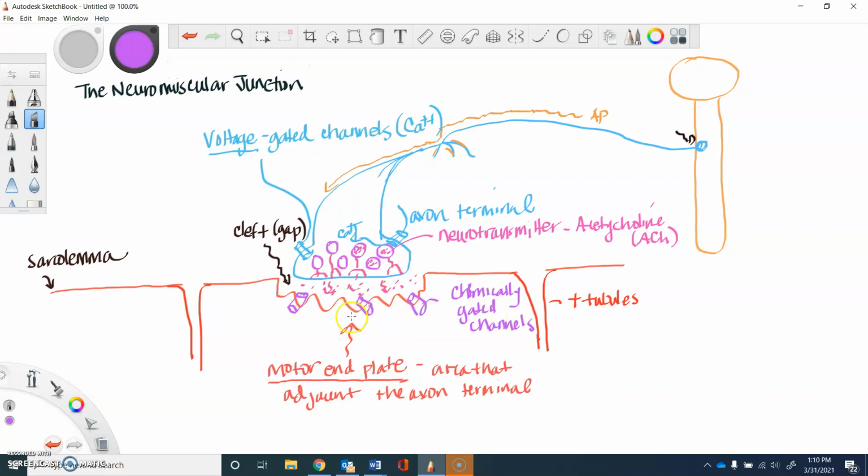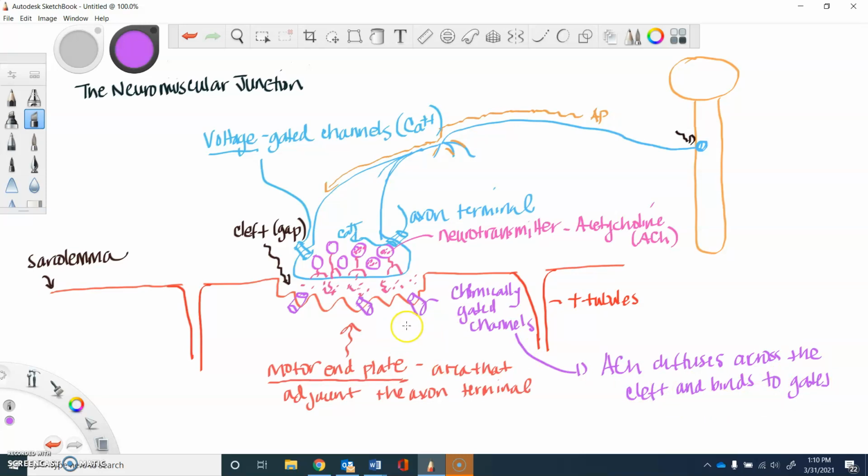So acetylcholine will come down, diffuse across the cleft and bind to the gates.